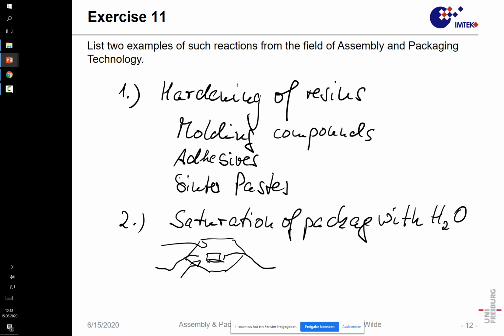And typically we have some assembly in a multilayer, maybe I make it a little larger, and it consists from the top of a molding compound, of a silicon, of a copper, and again of the molding compound.